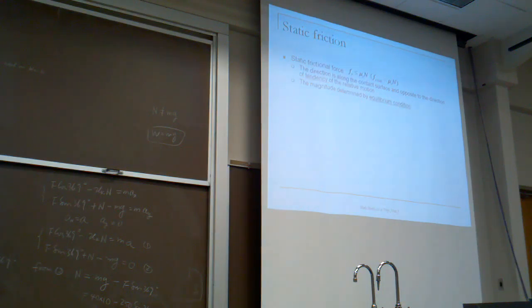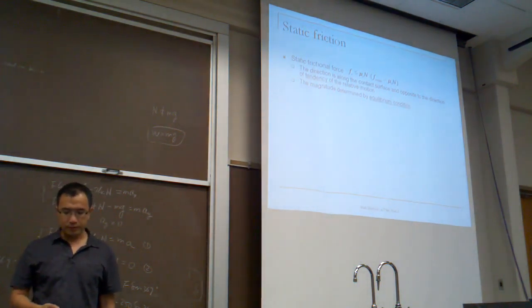If you have some external pushing or pulling force, it has to cancel the static frictional force exactly to make 0. So the static frictional force should be exactly the same as the external pushing or pulling force. Static friction equals external force.